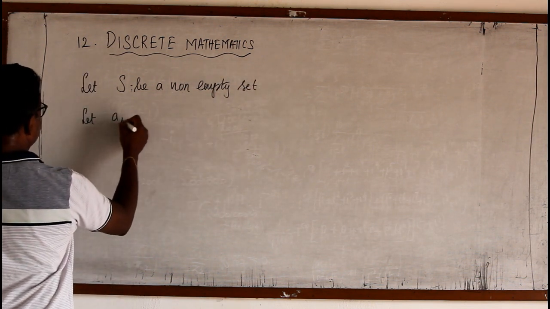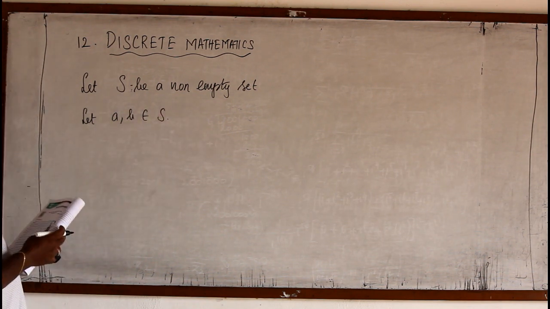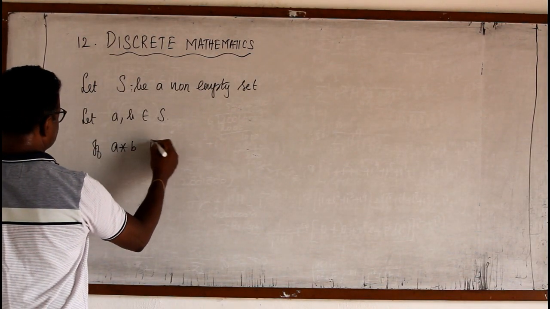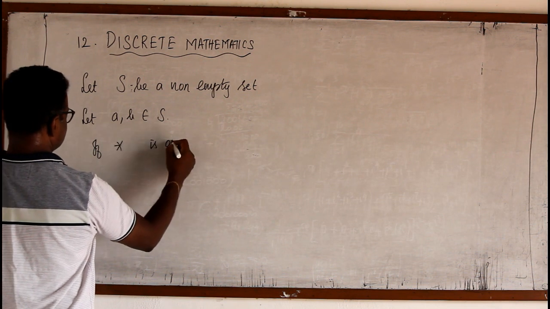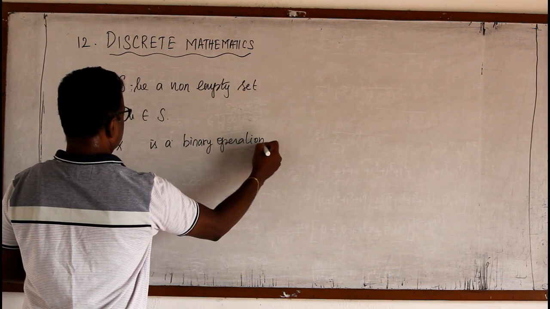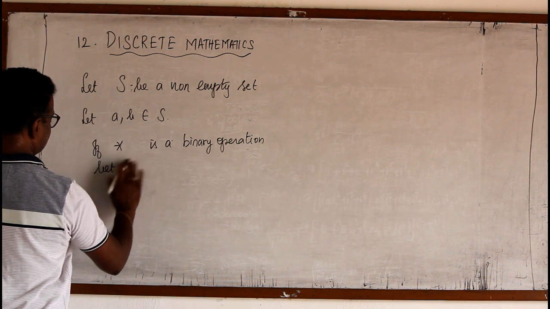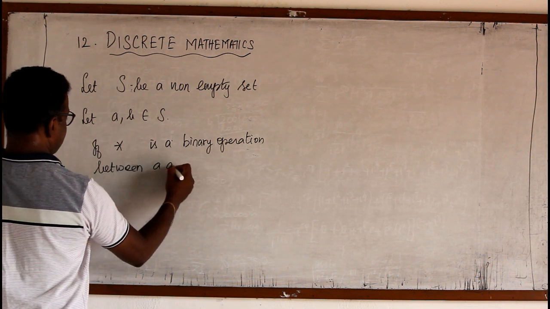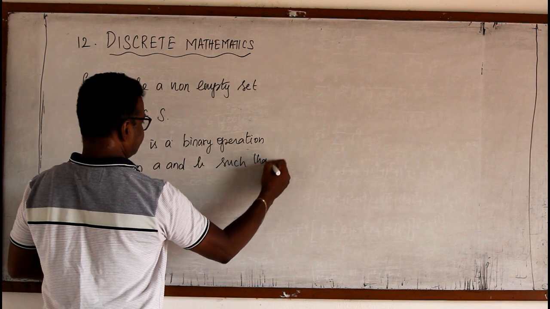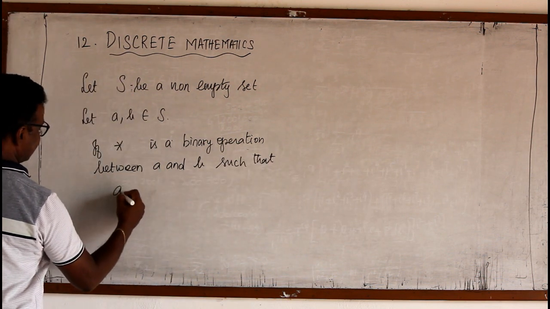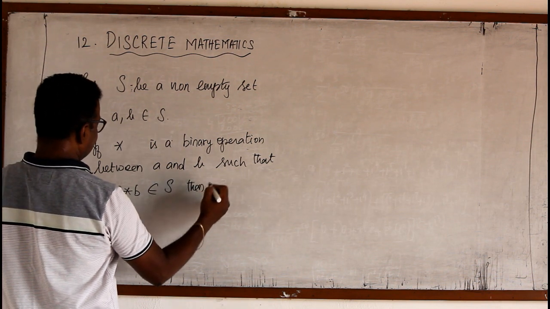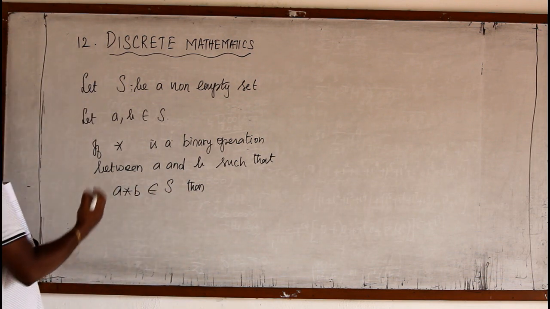Let A, B belong to the set S. If A star B, if star is a binary operation between A and B, such that the result A star B also belongs to S, then we say the operation is possible.